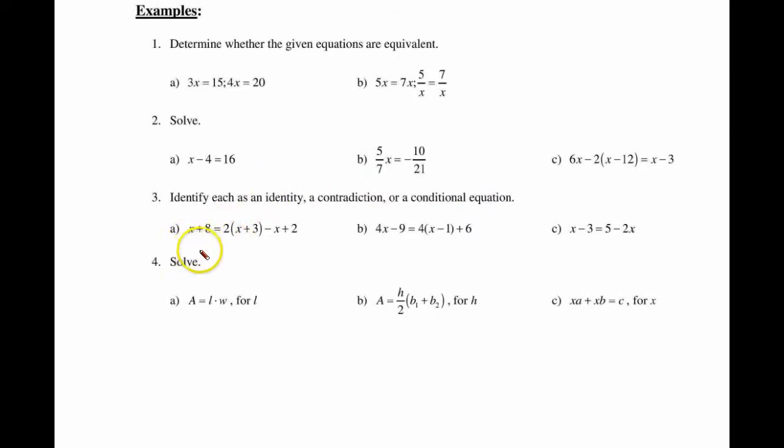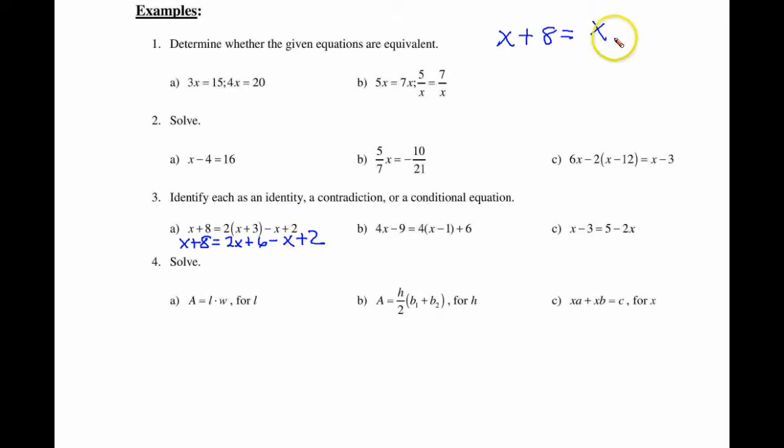So maybe I could do these down here. Let's see, this is going to be x plus 8 equals 2x plus 6 minus x plus 2. Well, I needed some room, so let's switch up here. So we get x plus 8 equals, I'm going to subtract that x from that, and I get x.